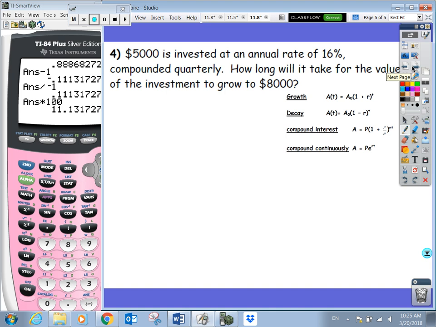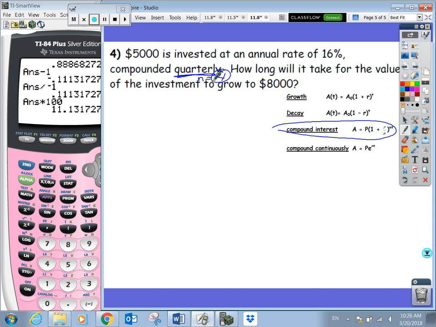And then the last one. Compounded does not say continuous, so that means it's just going to be compound interest. And it says quarterly, so that means n is 4. Again, that is annually 1, semi-annually 2, quarterly 4, monthly 12, daily 365.